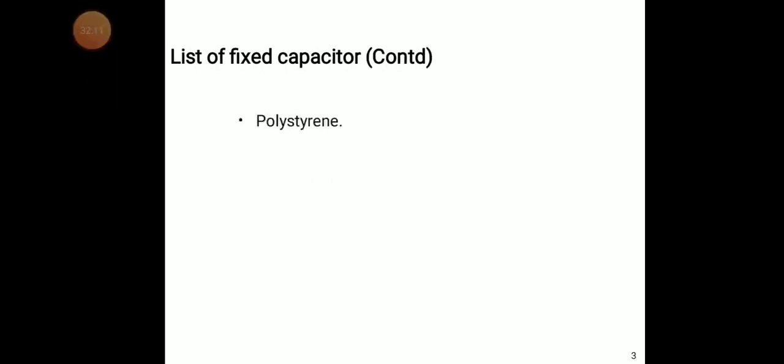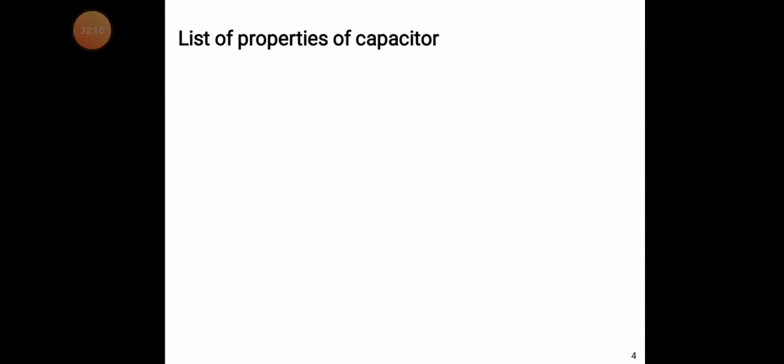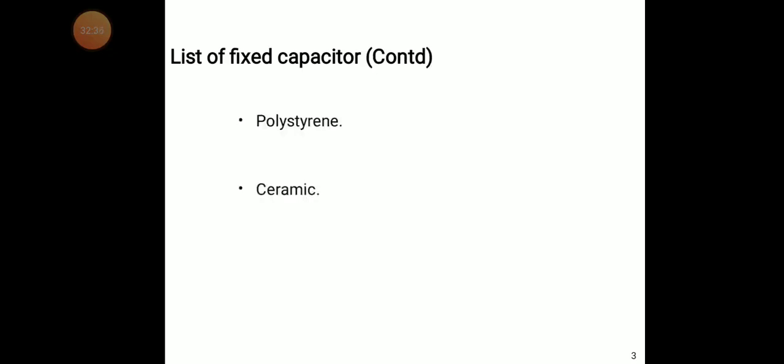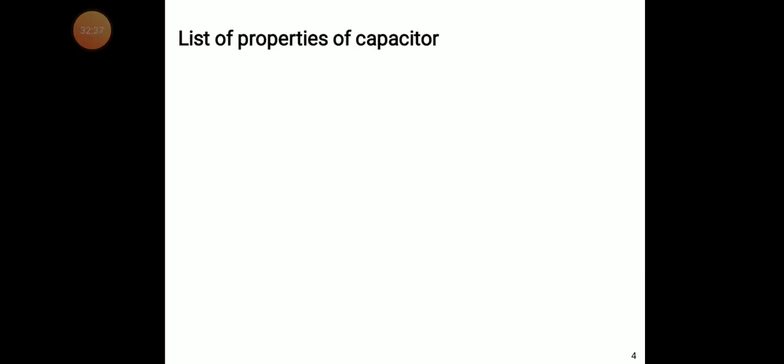Some fixed capacitors are paper, mica, glass, polyester, polystyrene, ceramic and electrolytic. Some are repeated. So we know what the properties of capacitors are.